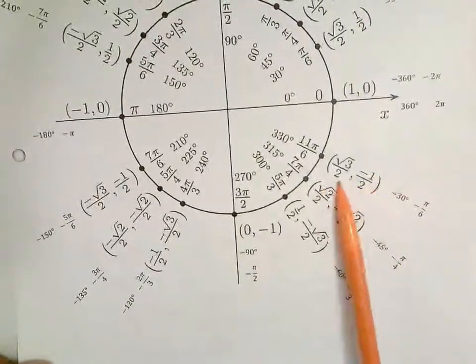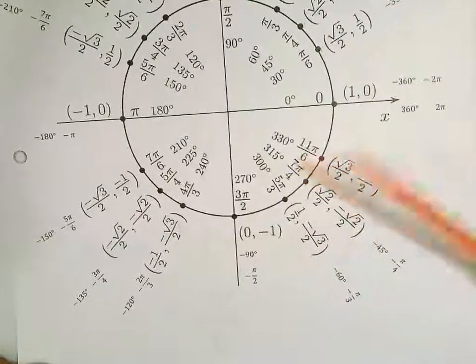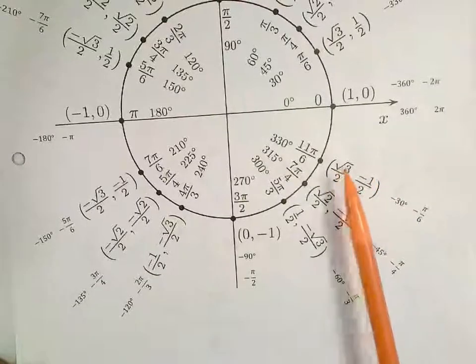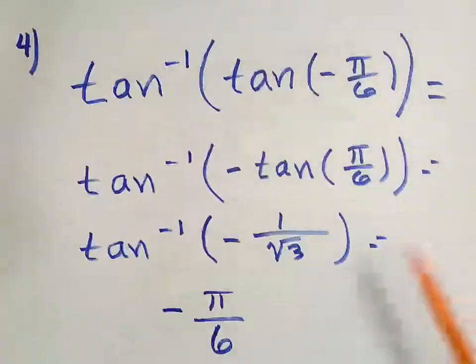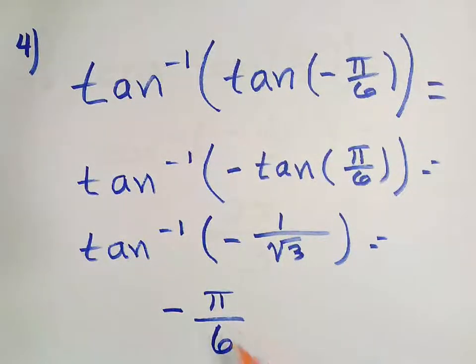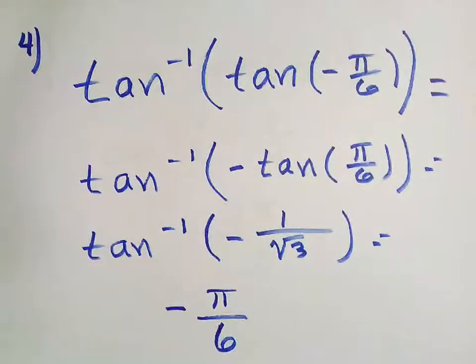See right here, the sine divided by the cosine. Remember, the denominators cancel out. So it's the numerator of the sine divided by the numerator of the cosine. And we're getting negative 1 over square root of 3. And that angle, again, is negative pi over 6.